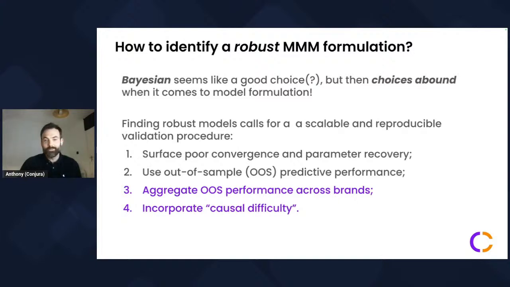And because ultimately we care about the measurement of marketing contributions, we would like to inform this by how causally difficult, or how well we think the prediction is doing, on the marketing variables themselves. I want to focus on the last two, though we may get into the first two in follow-on discussions, because they're certainly important. But the last two are a bit more novel for this project.